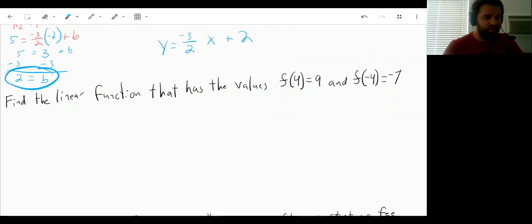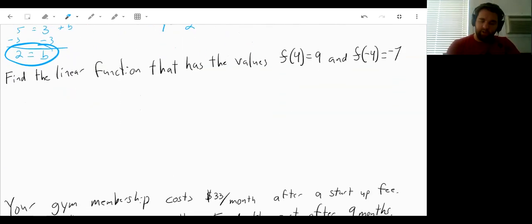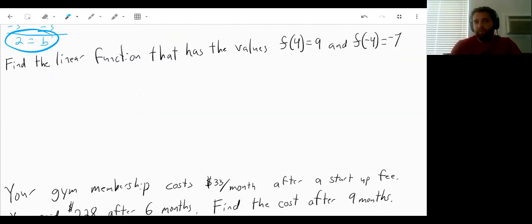Now let's go ahead and look for the same type of problem, but this time it's in function notation. So remember, what I would do with these is I just convert these right away to put these in x and y coordinates. So the x goes on the inside of your parentheses in function notation. So this is the point 4, 9, and negative 4, negative 7.